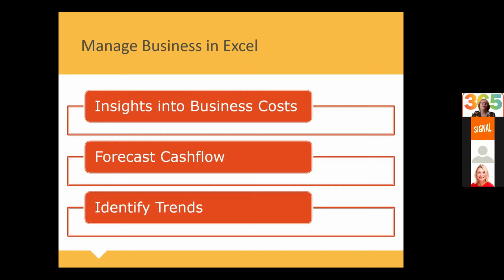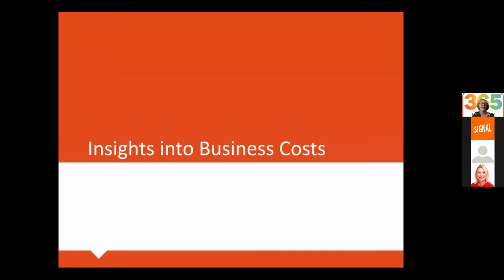And maybe it's a great time to set up models now while you've got a bit more time, sat at home at your desks. Yes, got lots to do, but have you got time to set up these models so that when you get back into life, more normal, then you will be able to just pull in figures and get everything out the other end. So, insights into business costs.